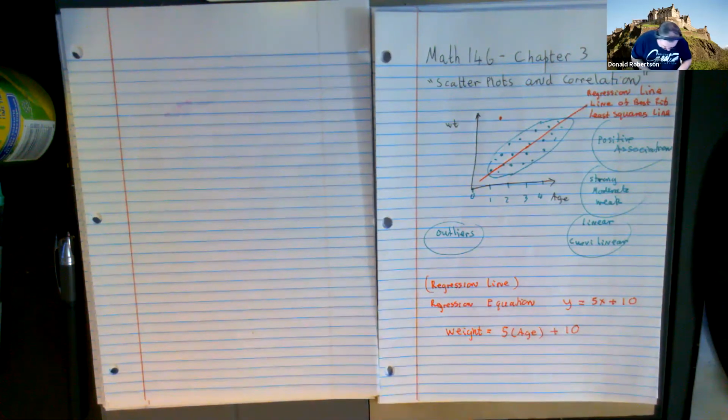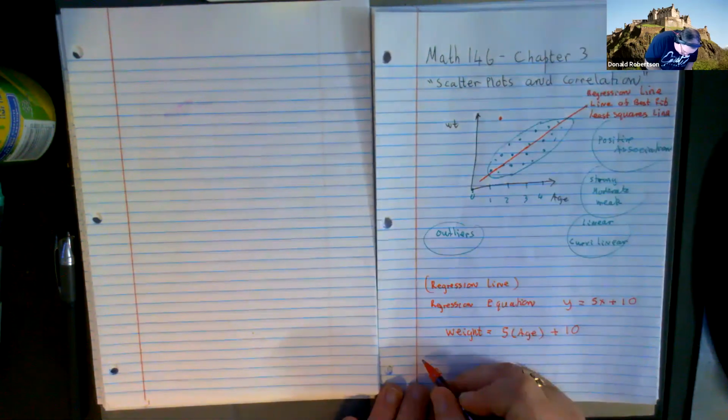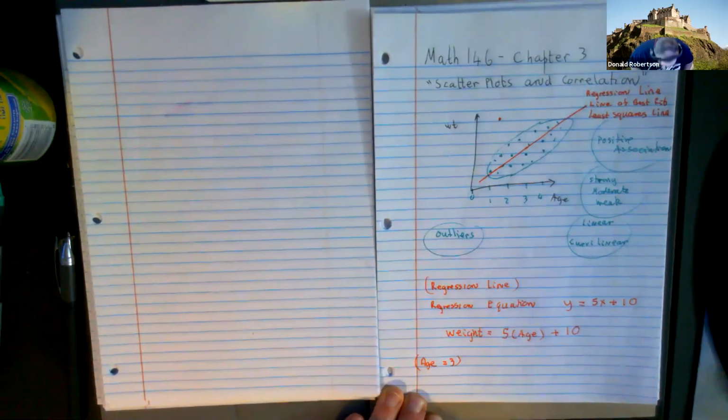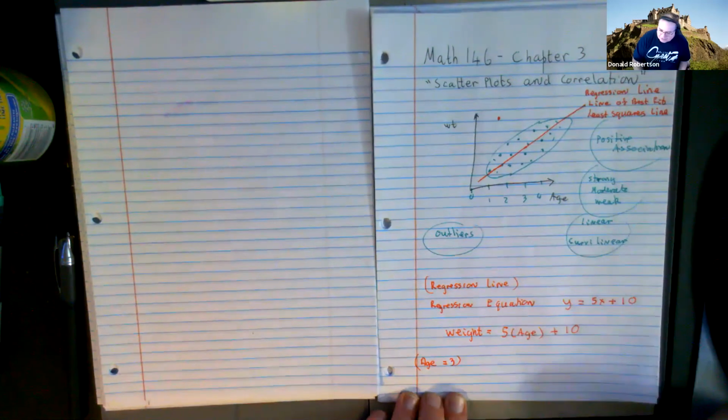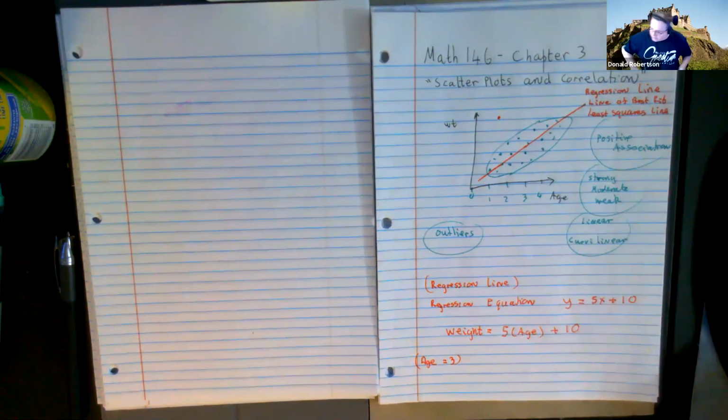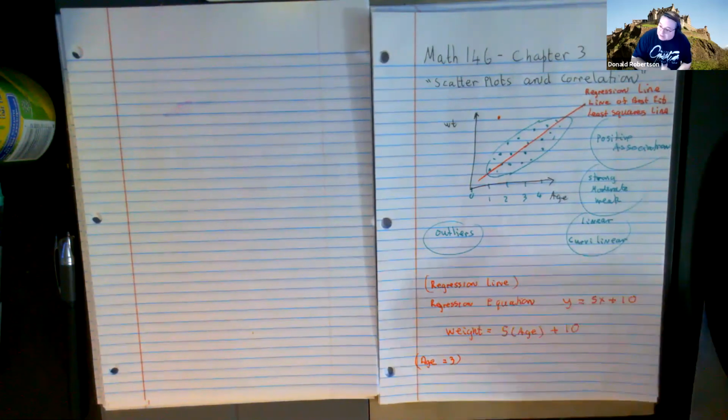So let's pretend that this is the equation of that line. And I would like to know the typical weight of a 3-month-old Scottish elephant. Now, I'm picking Scottish elephants because the numbers are probably going to be really small. So you didn't know this, but Scotland has tiny little elephants that run around the Highlands, right?